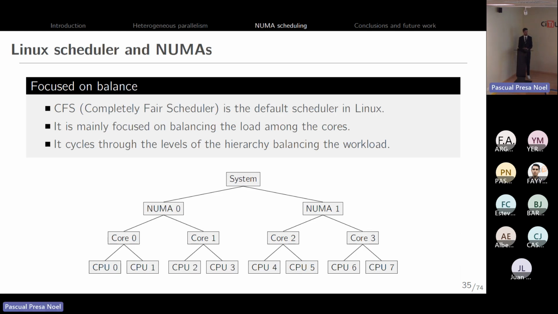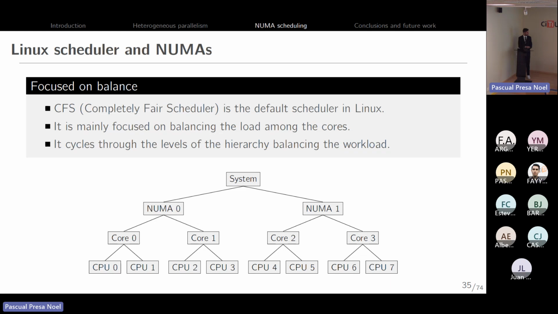We studied how the Linux scheduler works nowadays, and this scheduler is mainly focused on workload balance. So the system goes through each layer of this tree, distributing the workload among its nodes.